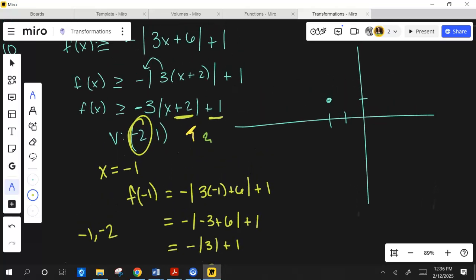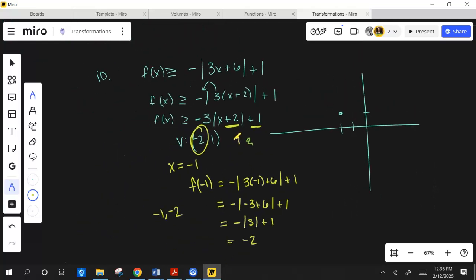Now watch what's happening as I graph this. -1, -2. If I reflect it and I connect, first of all, is it solid or dashed? Why? There's a line under that inequality sign. That tells me solid.